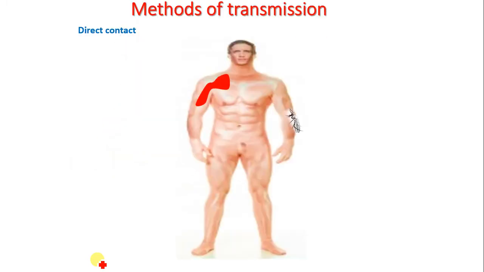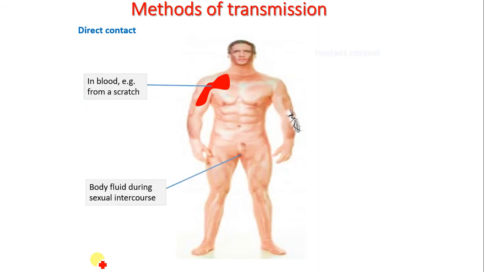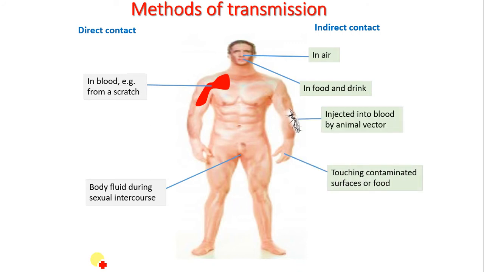So we have methods of transmission here, direct and indirect. Direct method: in blood, it can be transmitted through tissue fluid, for example from a scratch. Body fluid during sexual intercourse.